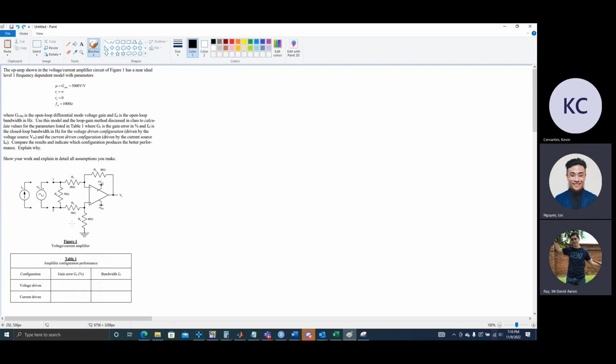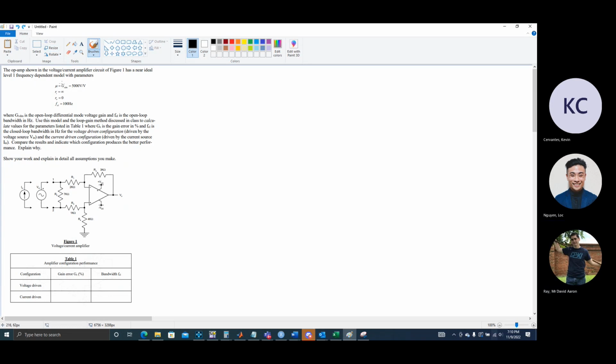So for this problem, we're given mu of 5,000. We're given input impedance is infinity and output resistance is 0. And then the open loop frequency is going to be 100 hertz. It says where GVDM is the open loop differential mode voltage gain, and then I explain FOL.